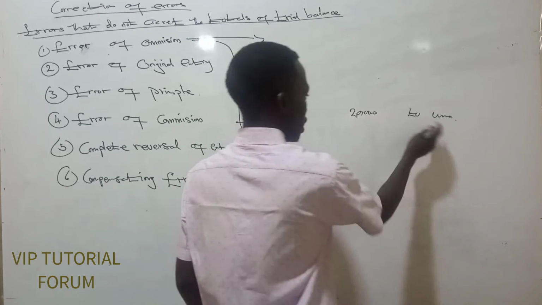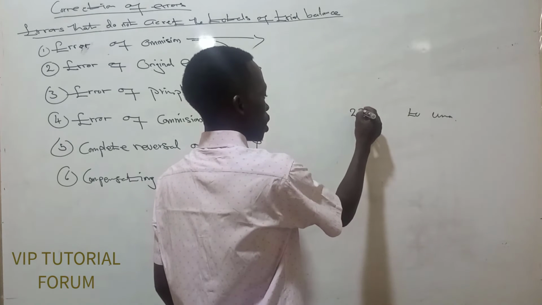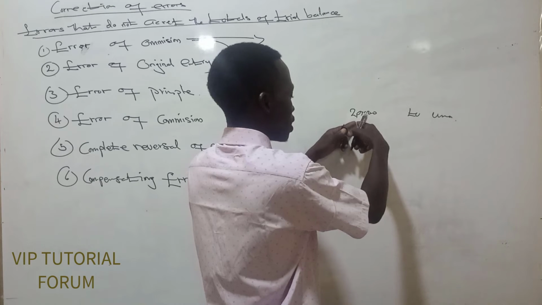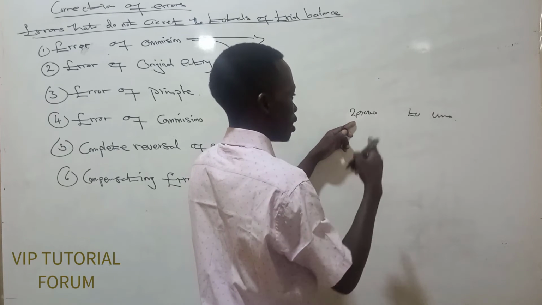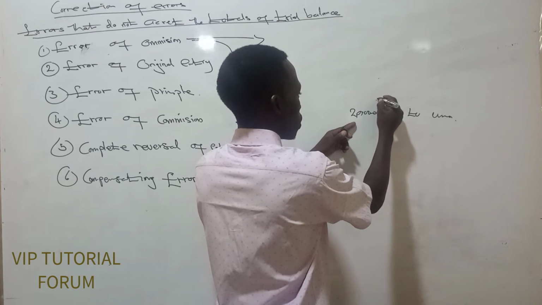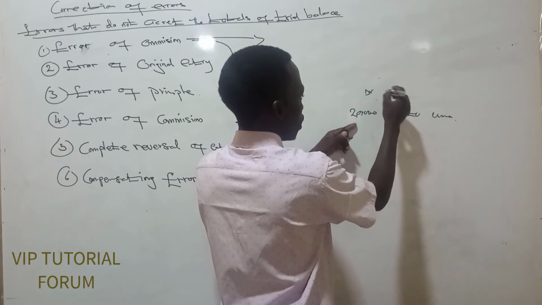Here in this account, Mr. Ahmad is the giver. The giver is credited and the receiver is debited. Here Mr. Ahmad is the giver, so you need to credit him, but you debit him, which is wrong.